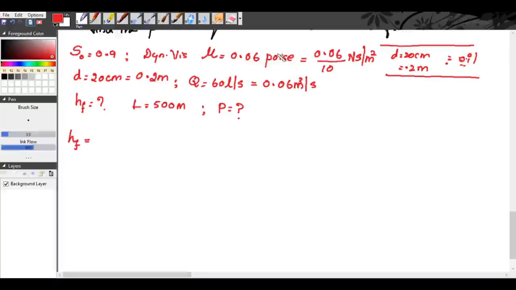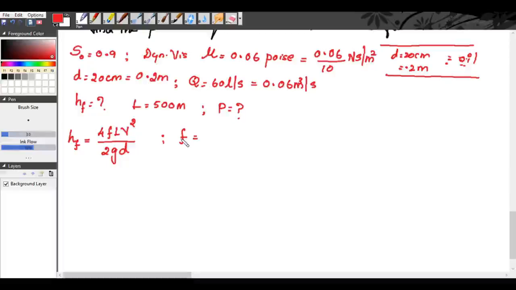We know the Darcy-Weisbach equation is HF is equal to 4FLV square by 2GD. So 4 is constant, and F is the coefficient of friction. First of all, we will find what F is. In order to find F, we know F depends on Reynolds number.